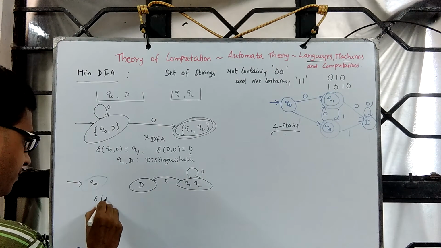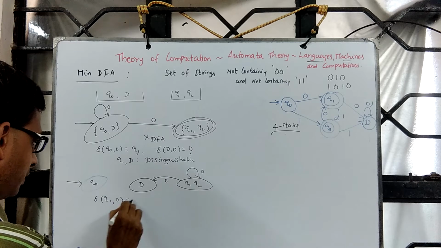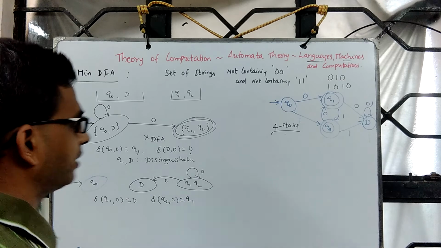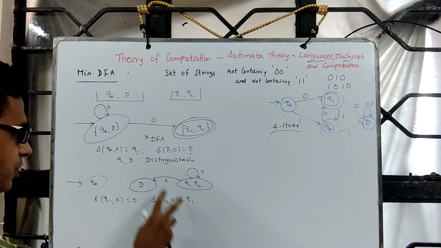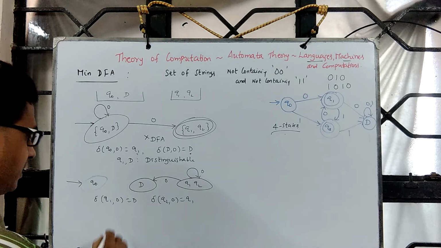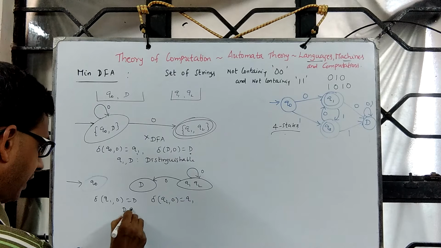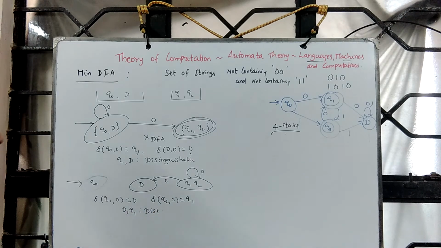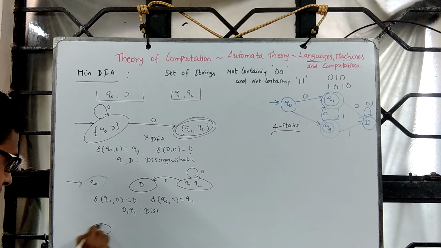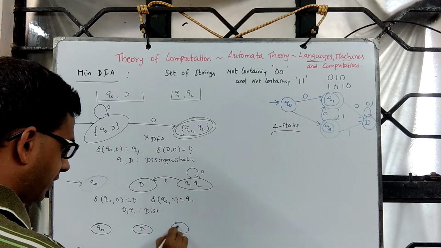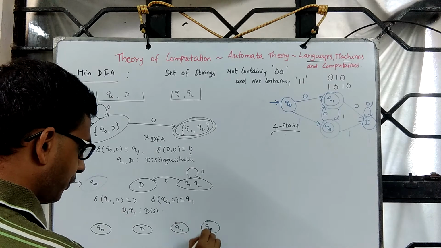So delta of Q1 comma 0 is D, delta of Q2 comma 0 is Q1, which means these two outputs are in two different blocks with respect to this partition. So therefore Q1 and Q2 are distinguishable. And because they are distinguishable, you need to split them. So you get Q0, you get D, you get Q1, you get Q2.